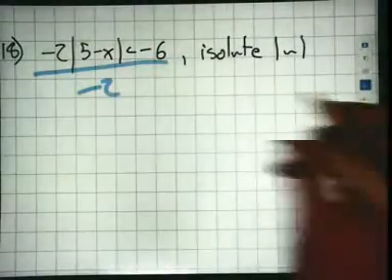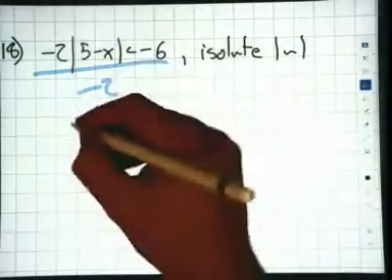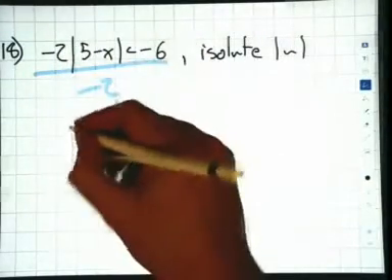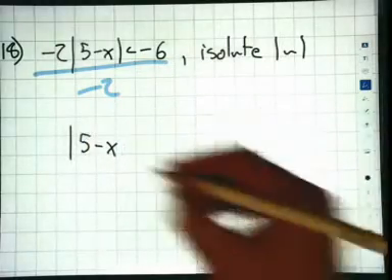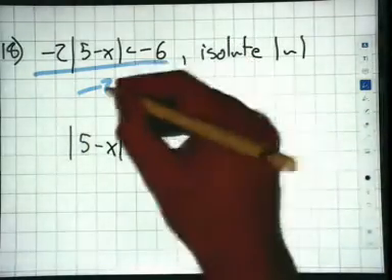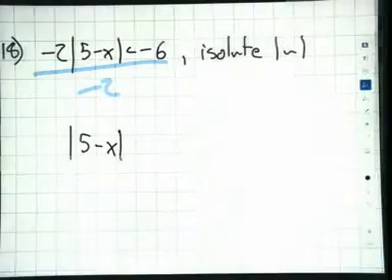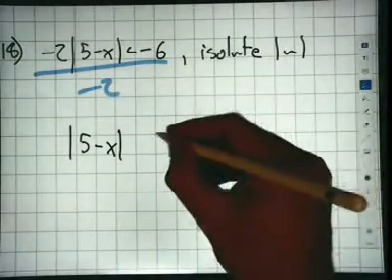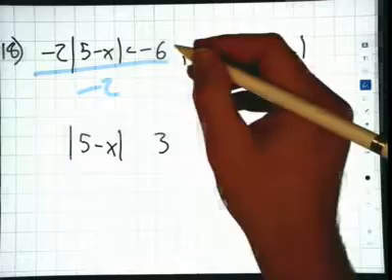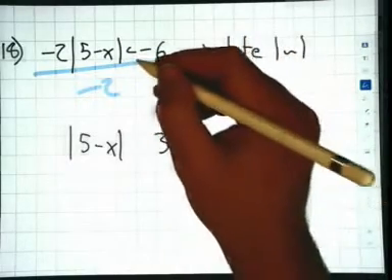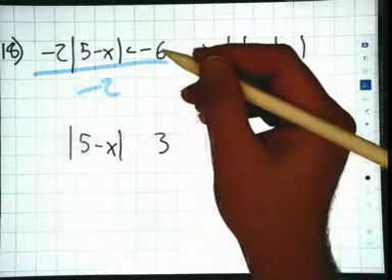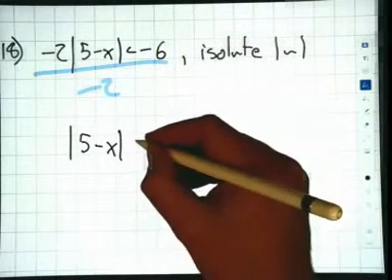Now, that's going to get rid of the negative 2 here, so you're going to have absolute value of 5 minus x. Negative 6 divided by negative 2 is a positive 3. But what happens when we divide an inequality by a negative? We have to change the direction of our inequality symbol.